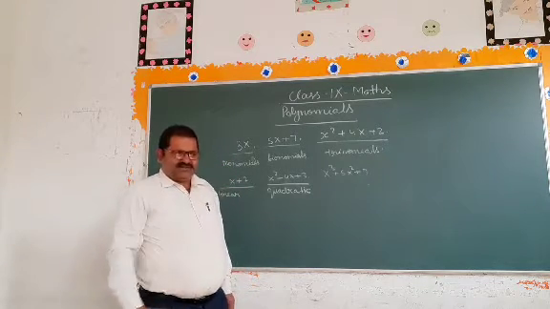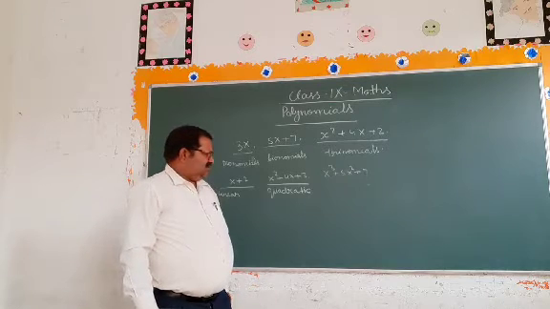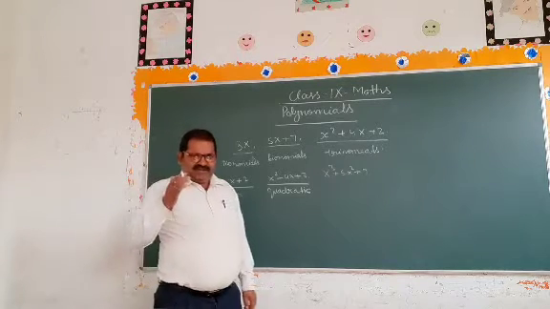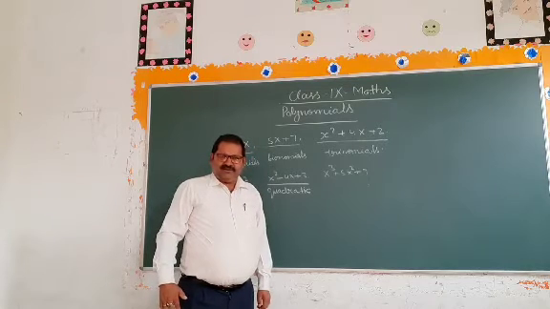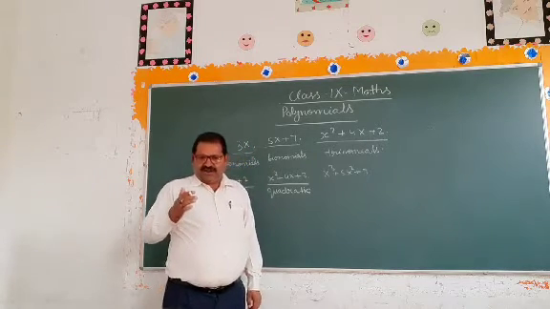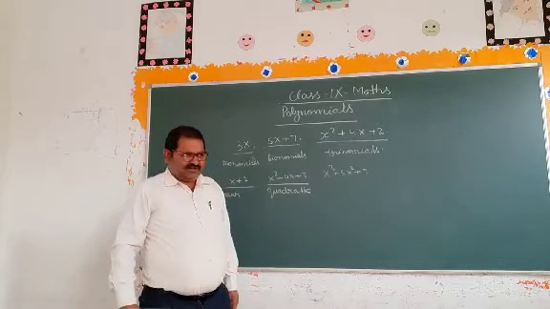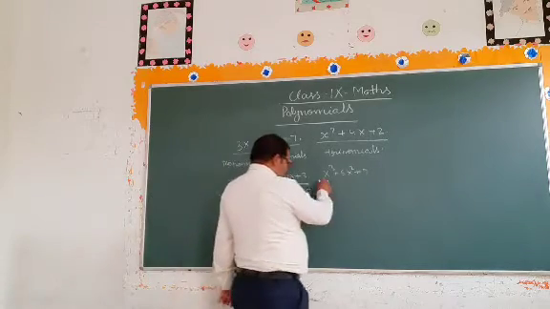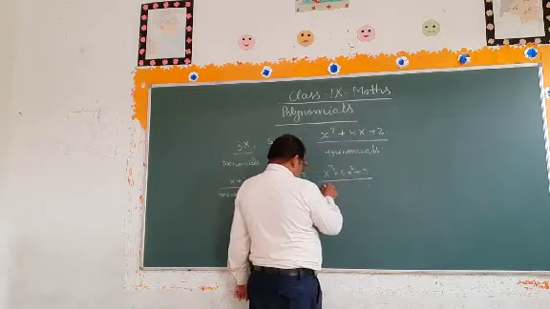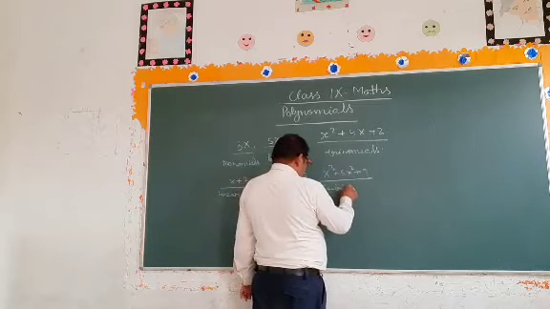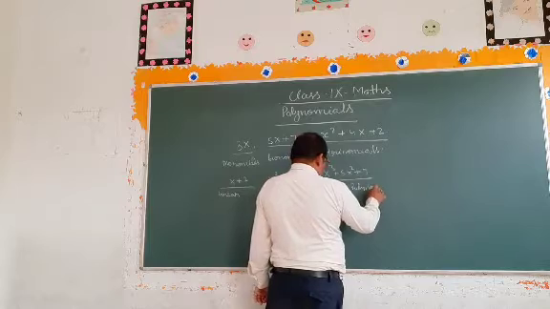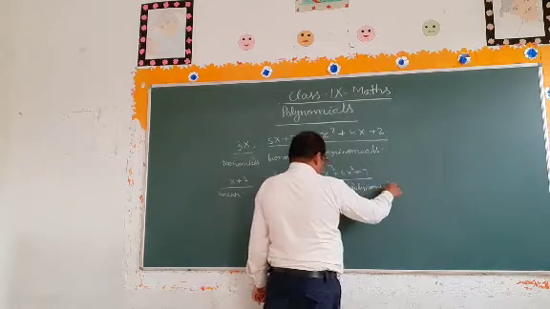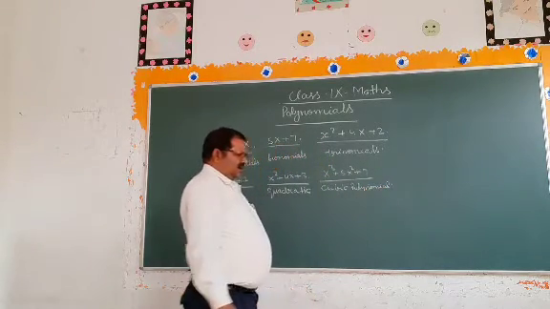And next, an algebraic expression where the degree of the variable is 3 is called a cubic polynomial.